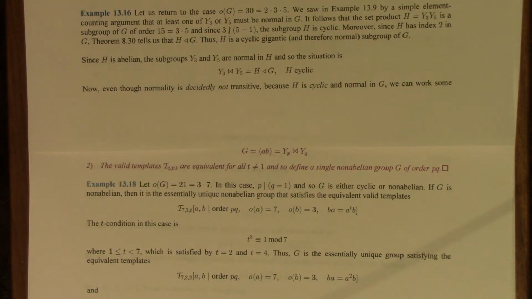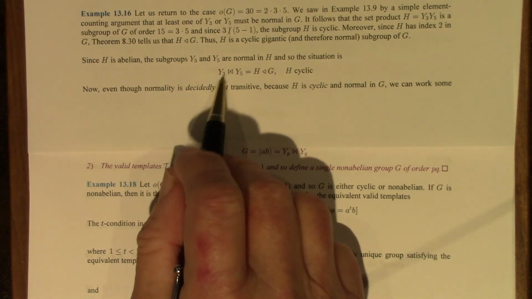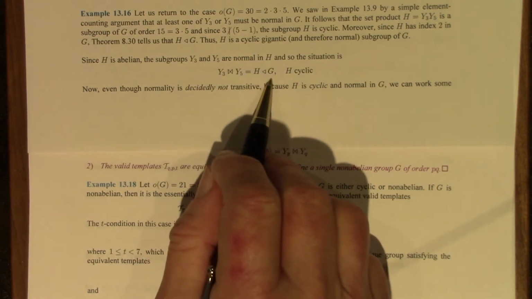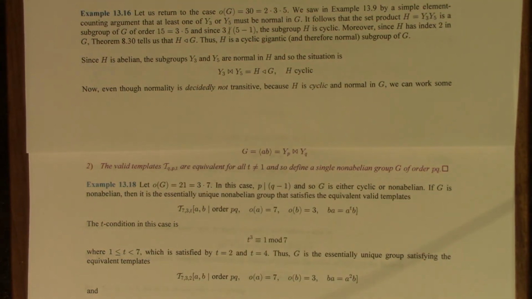We ought to be able to get something out of it. Even though normality is decidedly not transitive, so we cannot conclude that because Y3, for example, is normal in H and H is normal in G, that Y3 is normal in G. That does not hold. H is cyclic, and that is very strong.